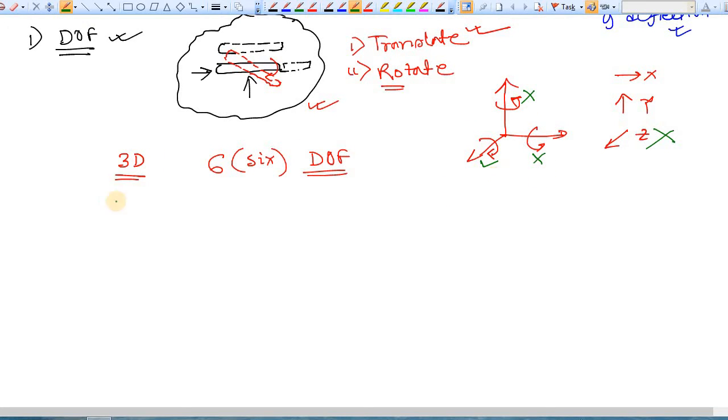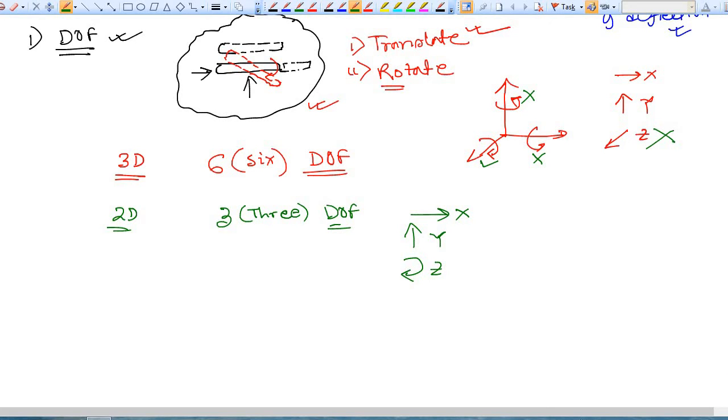So in case of a 2D system, there are 3 degrees of freedom: translation along the x-axis, along the y-axis, and one rotation about the z-axis.